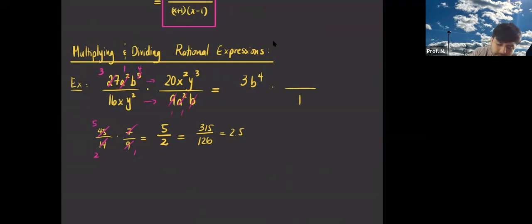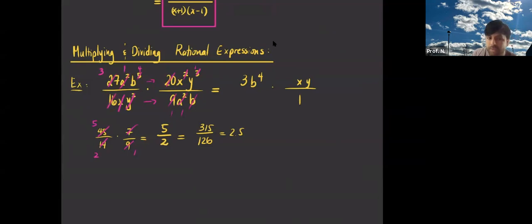Then what happens? The x's here cancel with one of the x squareds here. The y squared goes into y cubed once. So far I got just an x and a y. And then look at the 16 and the 20. What can I factor out from the 16 and the 20? Well, 16 and 20 both have a common factor.